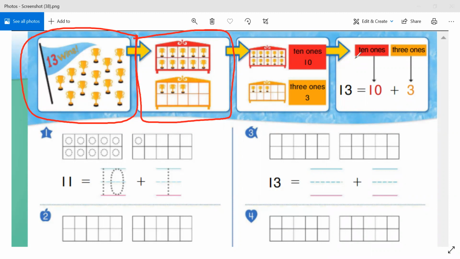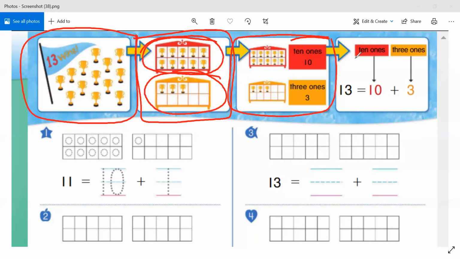There's 2 10 frames, so they split the trophies into 2 10 frames. How many trophies are there in all? 13. How many trophies are in the red case? It's filled up, so that means there's 10. How many trophies are in the yellow case? 3.